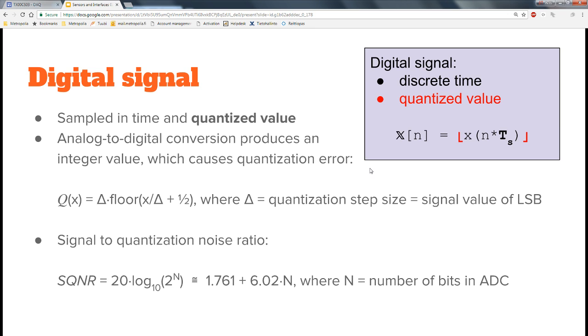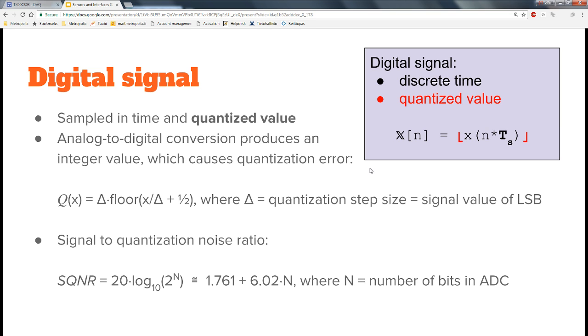The sampling usually doesn't give you any big errors, since even some jitter in the sampling time doesn't affect the result that much, but the biggest error source is the quantization, and there's actually the signal to quantization noise ratio, and there's even a formula for that.